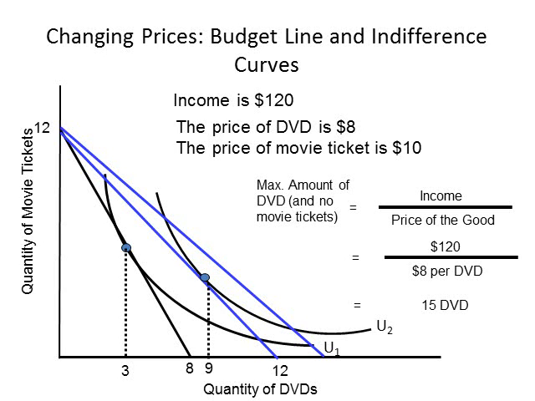If the price of DVDs decreases to $8, the new maximum number of DVDs that Joe can purchase is 15. Notice that the new budget constraint does not touch the indifference curve but crosses it. This means Joe has moved on from U2 to another indifference curve.